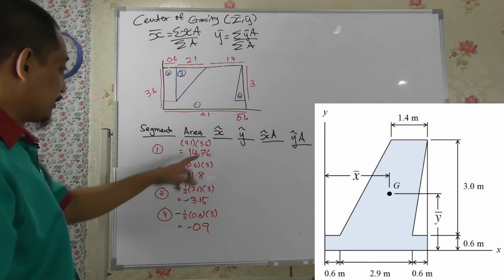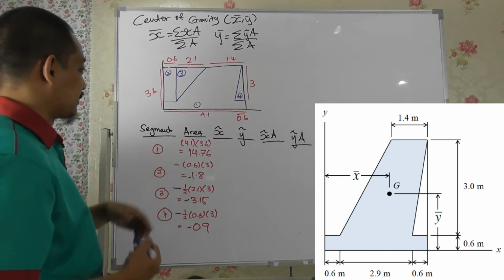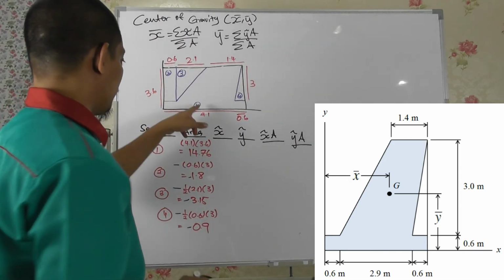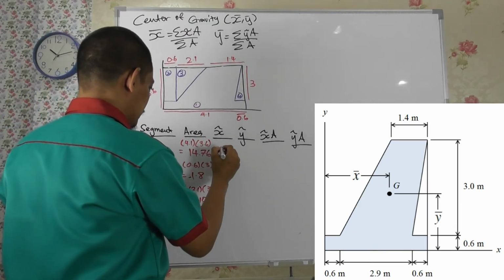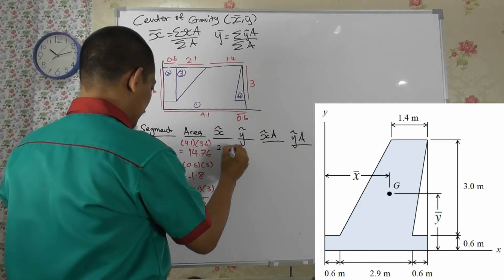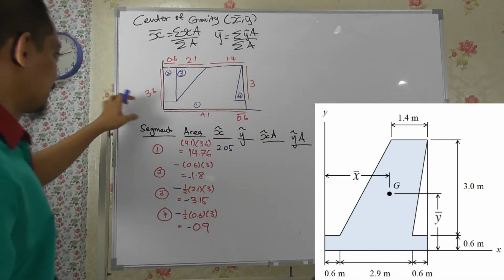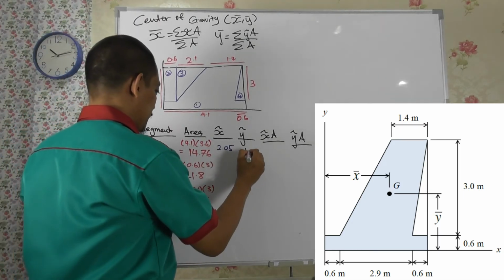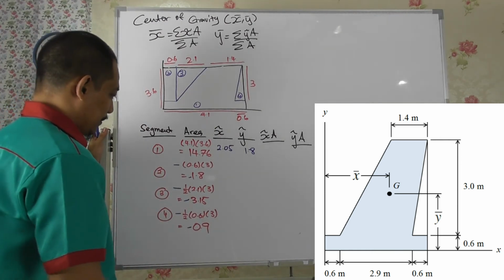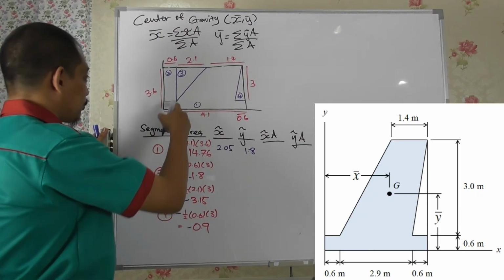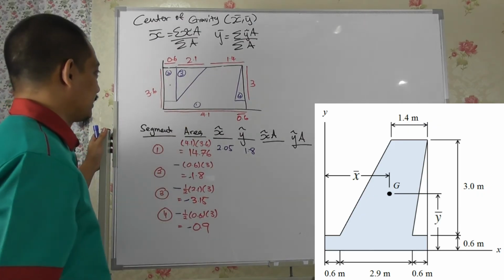Alright, so what about the centroid? The centroid of the whole thing should be half of this, half of that, right? So half of 4.1 is 2.05, and half of 3.6 is 1.8. Segment number 2, the coordinate should be there.